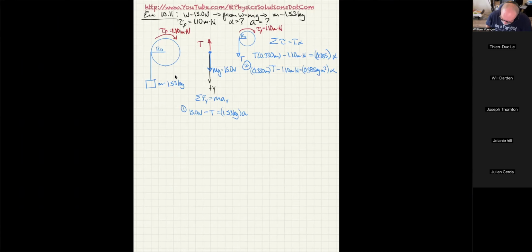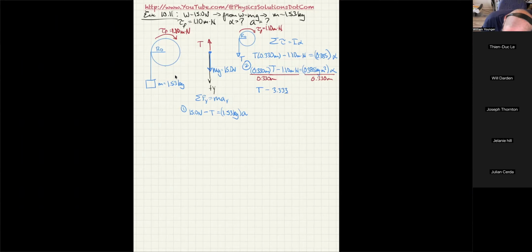Now, one of the nice things I can do with this is I can divide both sides by 0.330 meters, like this, and that gives me T minus 1.10 divided by 0.330 gives me 3.33.